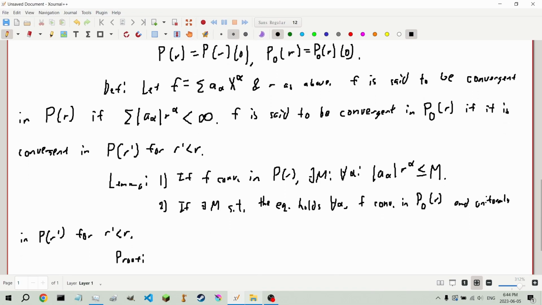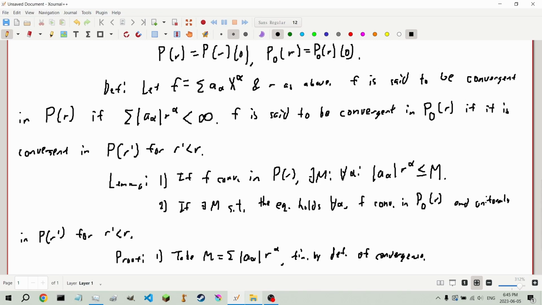Proof. For part 1, we're going to take m to be the sum of the size of a_alpha times r to the alpha, which is finite by our definition of convergence that we gave.